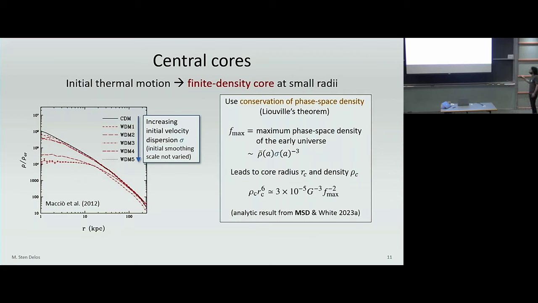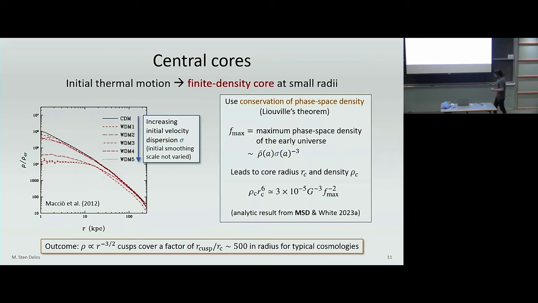And that imposes this equation for the core radius and core density. So you run this calculation for some range of dark matter models. I find that typically the ratio between the cusp radius and the core radius, which is the range that this r to the minus 3/2 density cusp covers, is around 500, but that depends on the dark matter model.